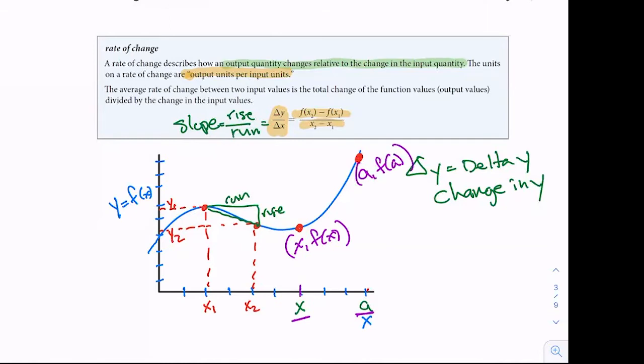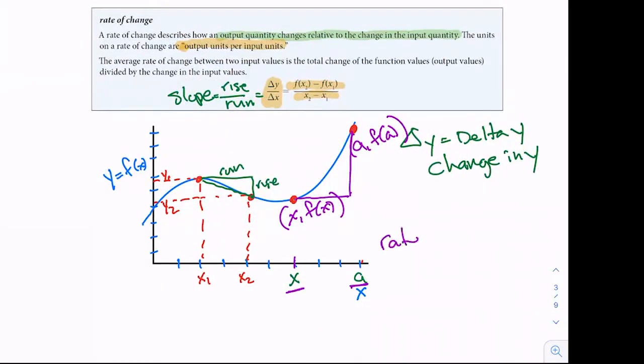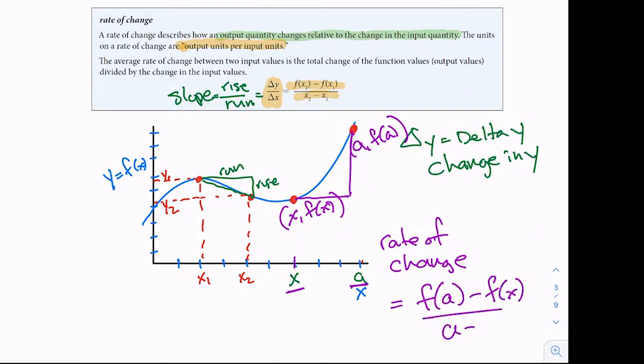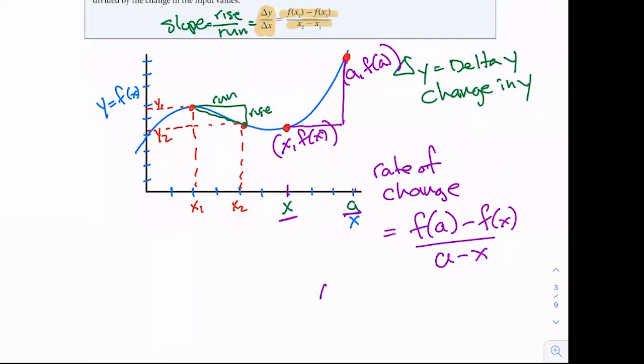And so we did some examples where you plug in x or a or anything into that function and you get f of a in this case. And with that notation between the points x and a, what's the rate of change? Well, it's going to be the rise, which is f of a minus f of x, over a minus x. And notice it's the same as f of x minus f of a over x minus a.